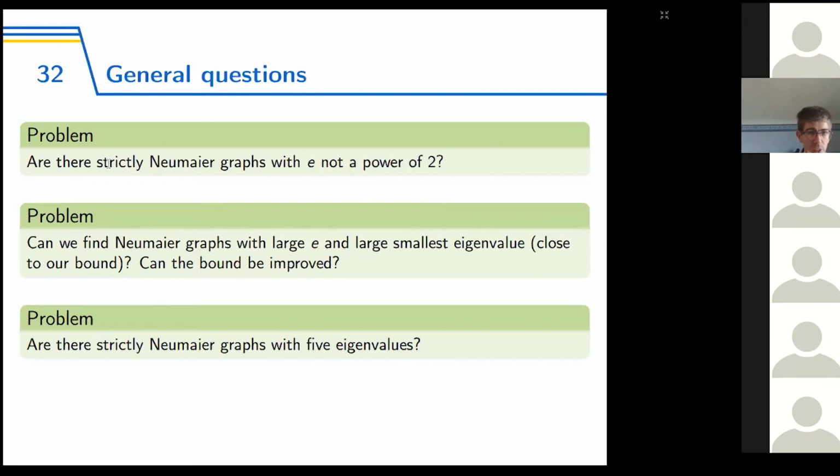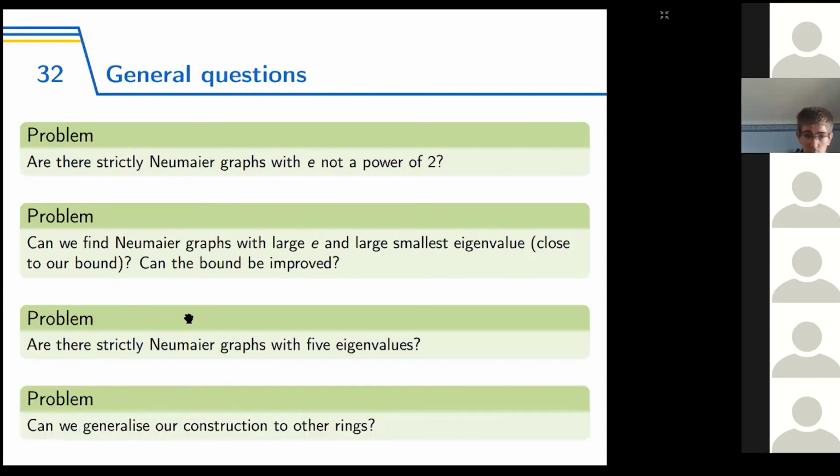But for instance, for the family that is known with large e, it's definitely not degree 5. So maybe there's something else possible there. And then, of course, the question: are there strictly Neumaier graphs with 5 eigenvalues, which is still very much open.